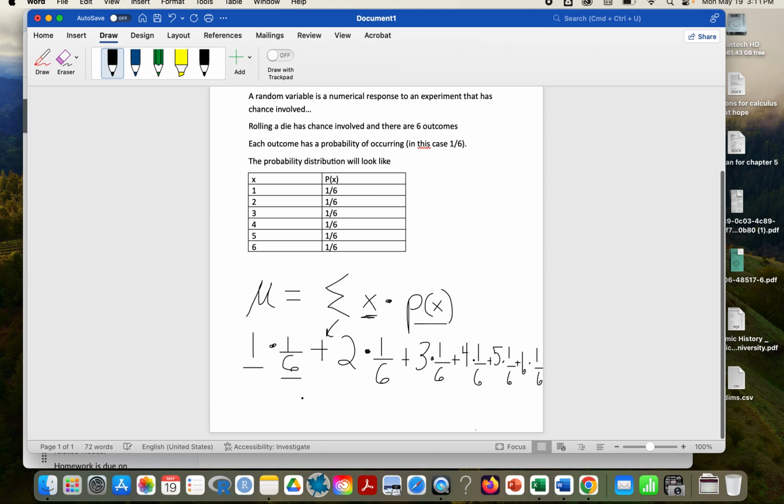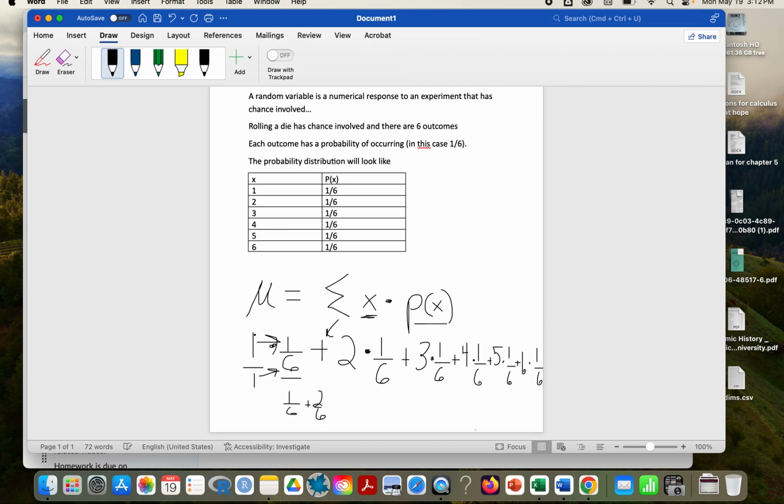So what ends up happening is if we punch that into the calculator, the calculator will have 1/6 plus 2/6. And just a brief comment, when you multiply a whole number times a fraction, you put the whole number over 1, and then you just multiply straight across.